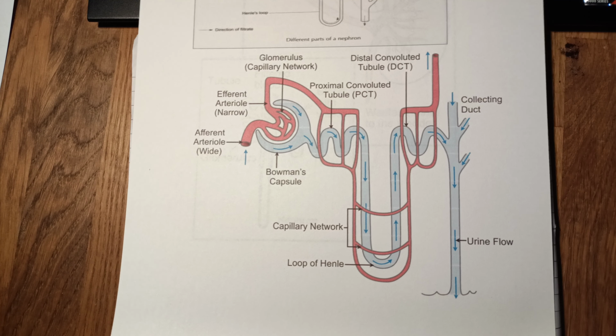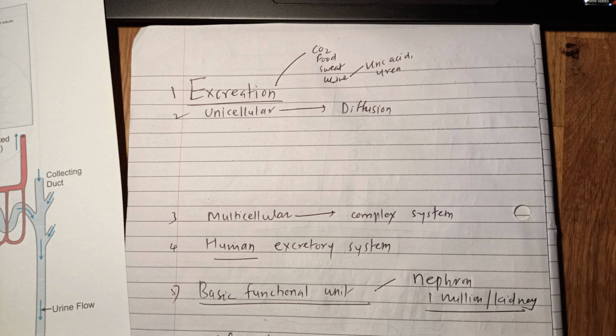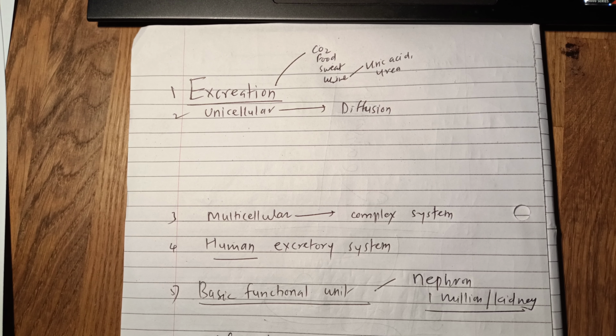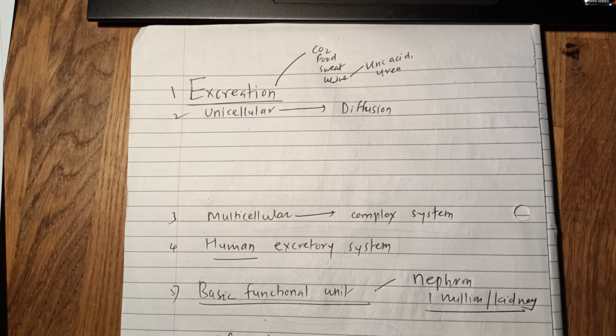So basically, what is excretion? Excretion is the process. It's an essential life process. That means one cannot live without excretion. What does excretion involve?